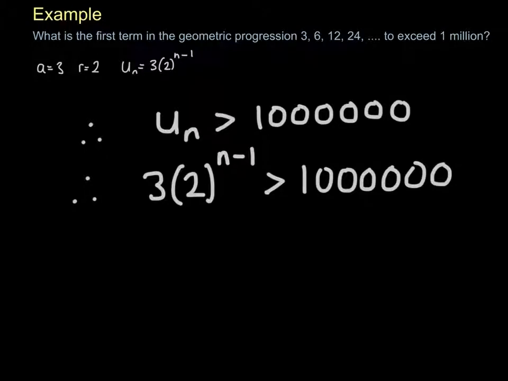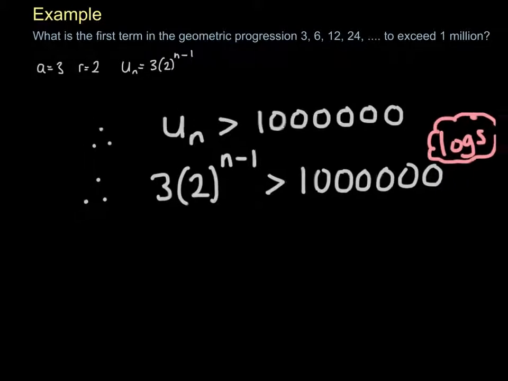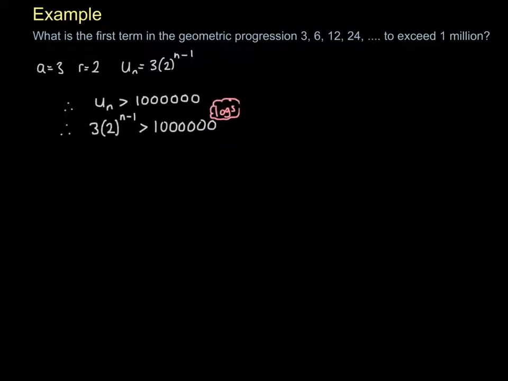That might cast your mind back to a recent topic you've looked at, as the n that we are trying to work out is in the power. The method we've looked at recently to solve equations like that has involved logarithms.